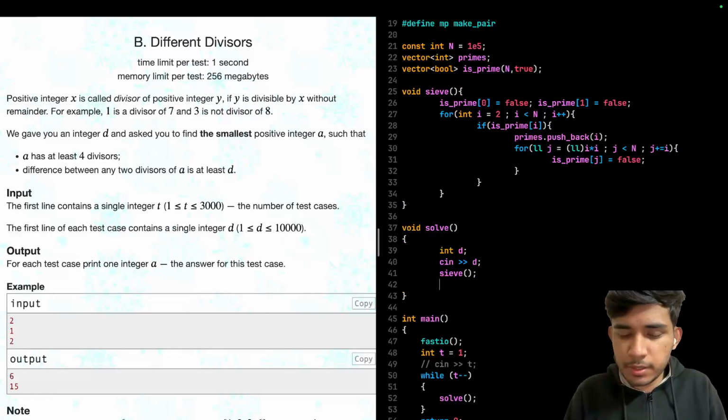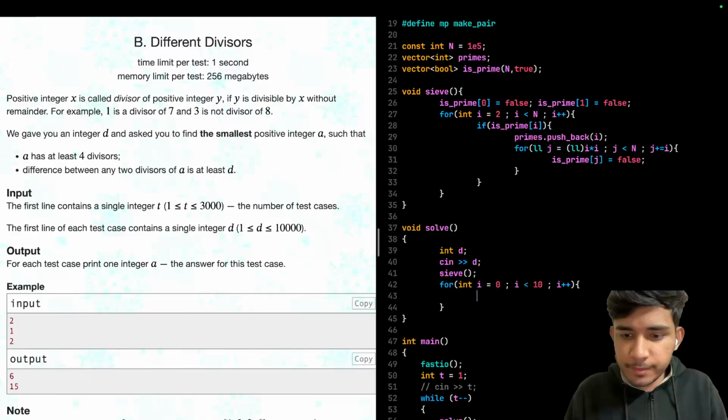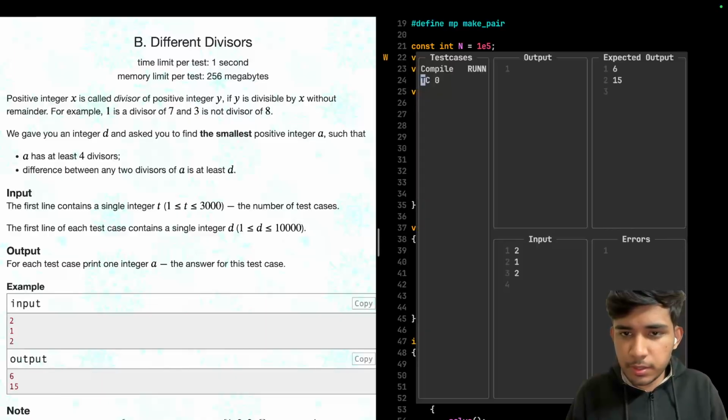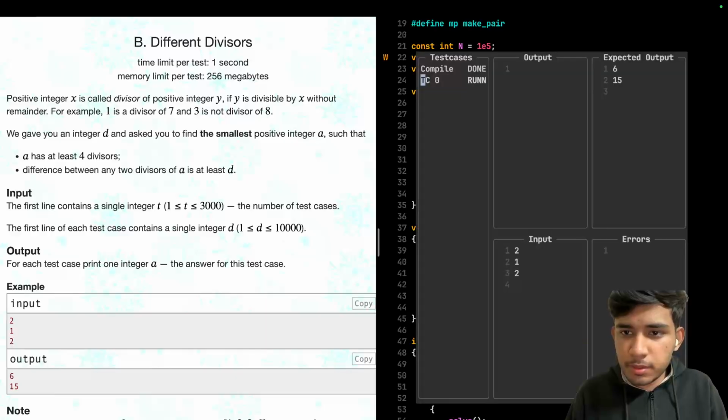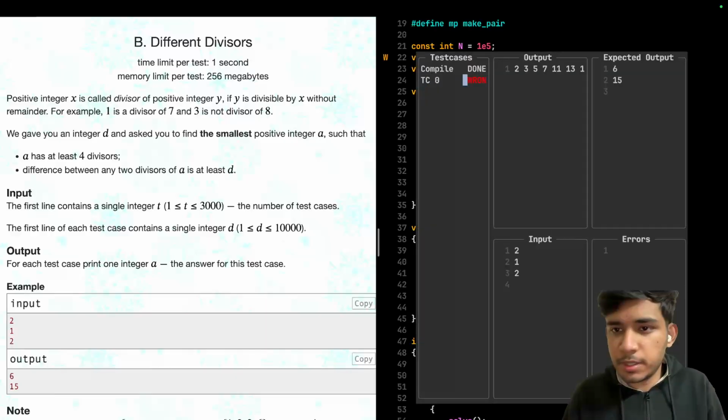Now let's print these primes and check. Yeah, now I think it's correct.